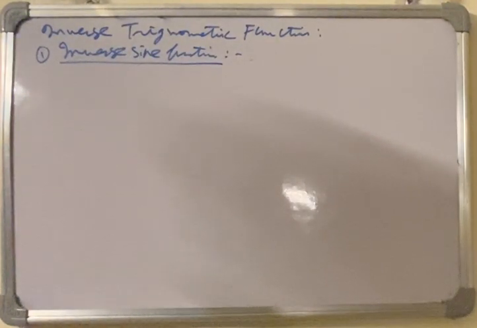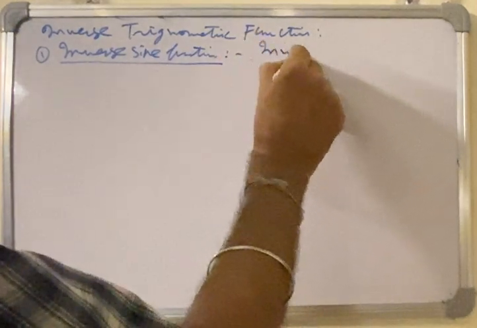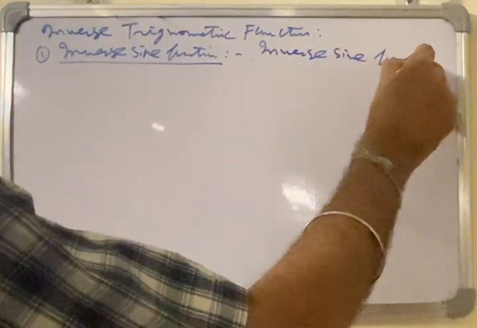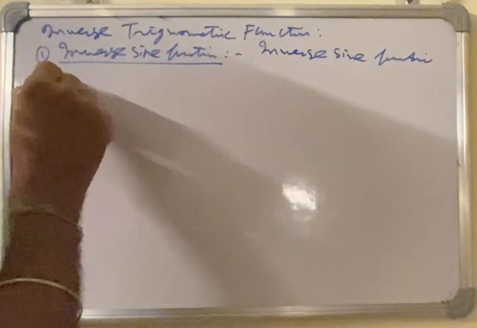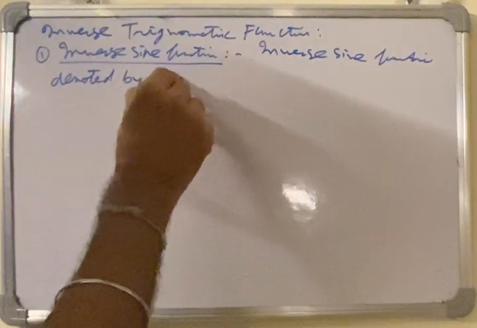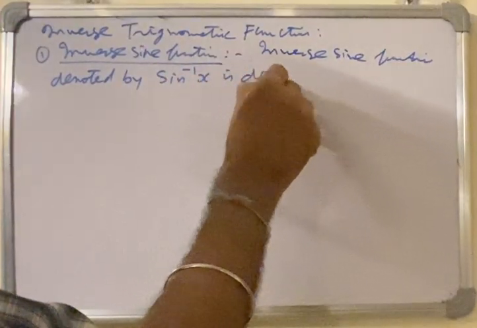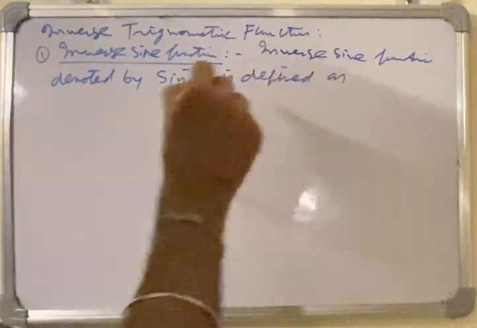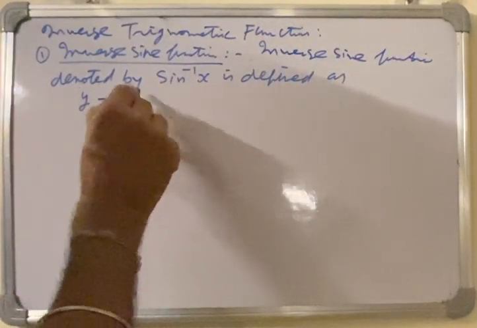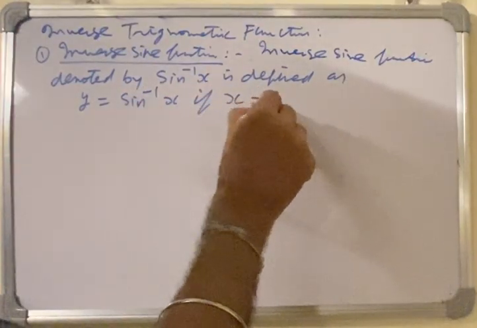The inverse sine function denoted by sine inverse x is defined as y is equal to sine inverse x if x is equal to sine y.